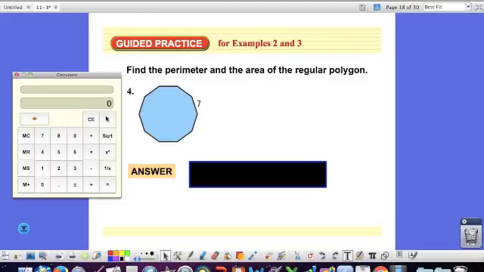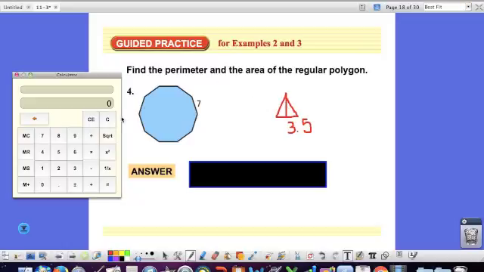One other guided practice example, find the perimeter. So I have a triangle that has a base of 7. When I break this in half, it's going to be 3.5.